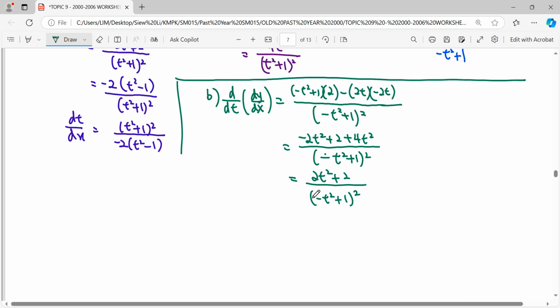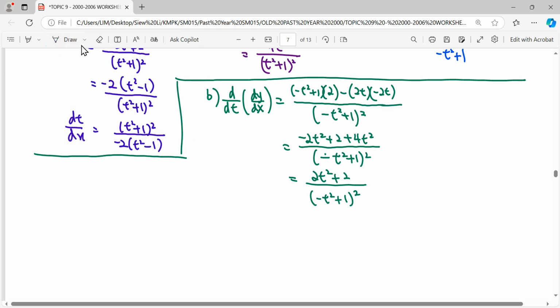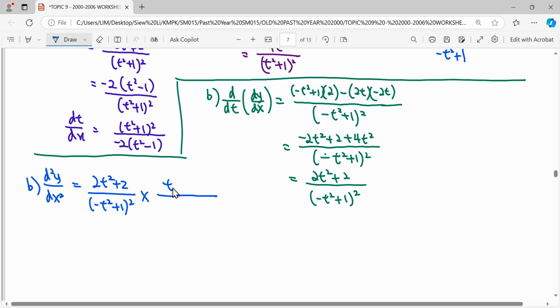Then we proceed to find d²y/dx², question B, which is our dy/dx differentiated with respect to t, times dt/dx.